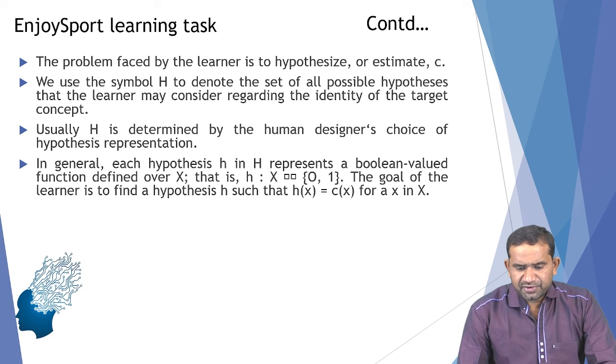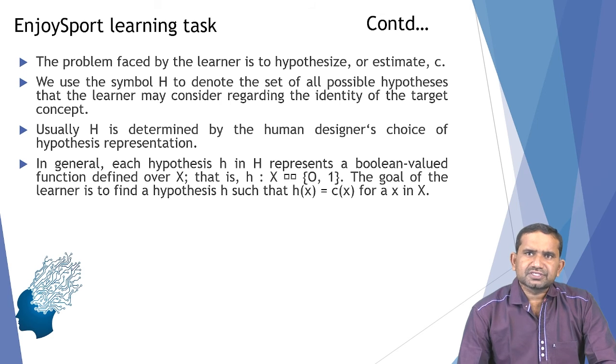The problem faced by the learner is to hypothesize or estimate the target concept c. We use the symbol H to denote the set of all possible hypotheses that the learner may consider regarding the identification of the target concept. Usually H is determined by the human designer's choice of the hypothesis representation.